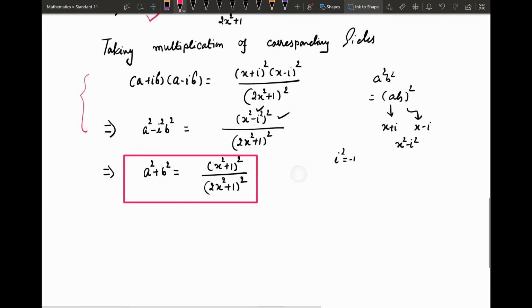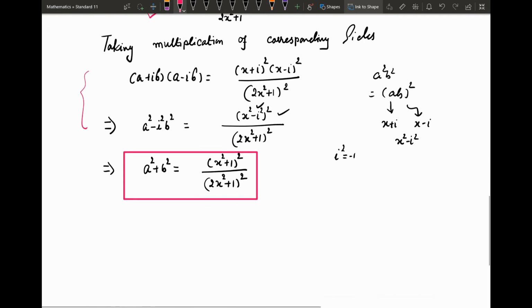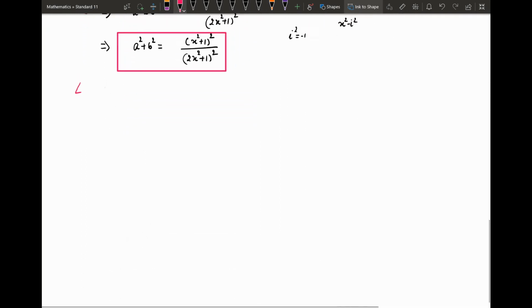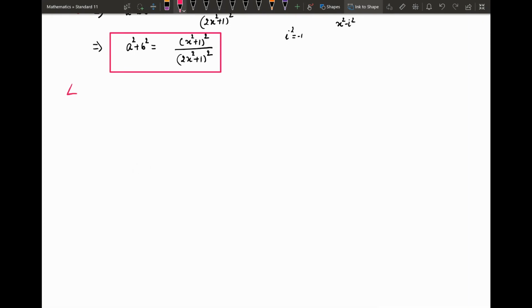Now next question, fourth one. Let z1 equal to 2 minus i and z2 equal to minus 2 plus i.